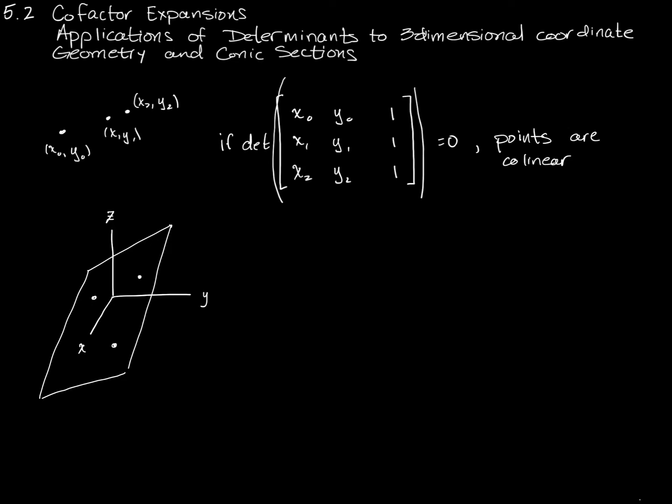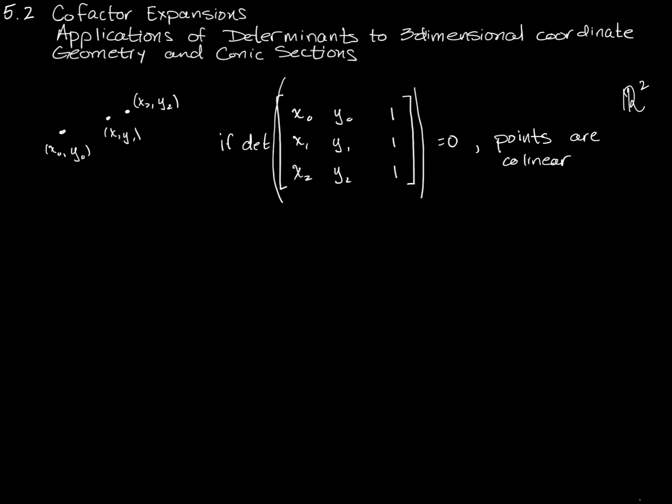But will 4 points be on the same plane? The way we're going to determine that is the same way as we did to determine whether 3 points in R2 were on the same line. So this is our R2 example.